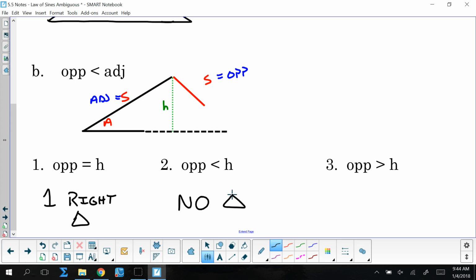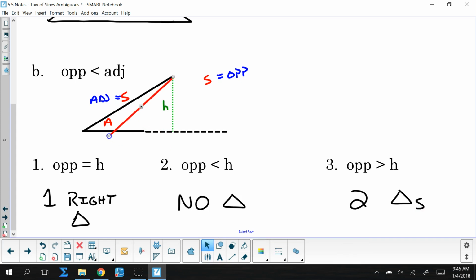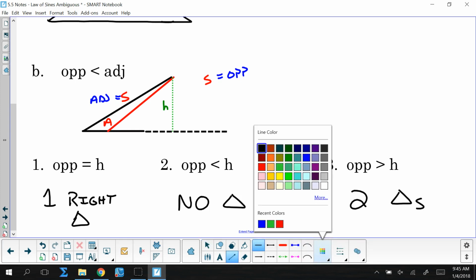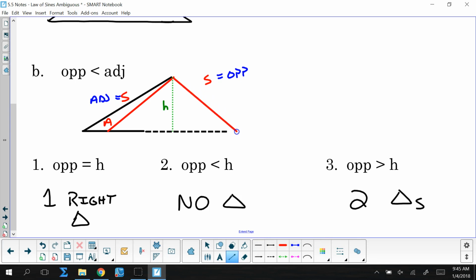Okay? All right? So this third case, where the opposite side now is longer than my height, right? So now this is that funky case. This is where I'm going to get two triangles, because one triangle is going to be over there, and then the other triangle is going to be down there.